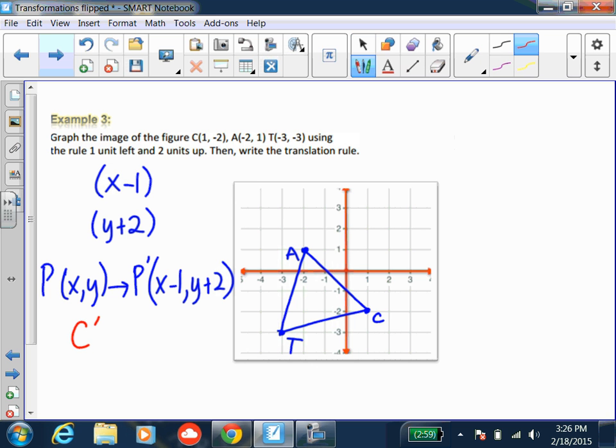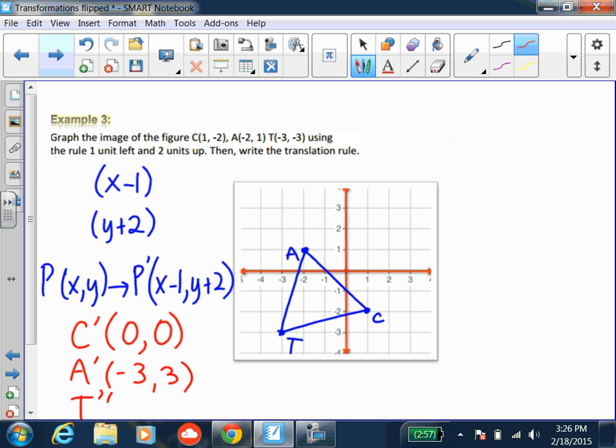So C prime, we started at (1, -2). If we subtract 1, we're going to be at 0. If we add 2, we're going to be at 0 again. So we're going to be at the origin for C prime. A prime, we're going to be at (-3, 3).